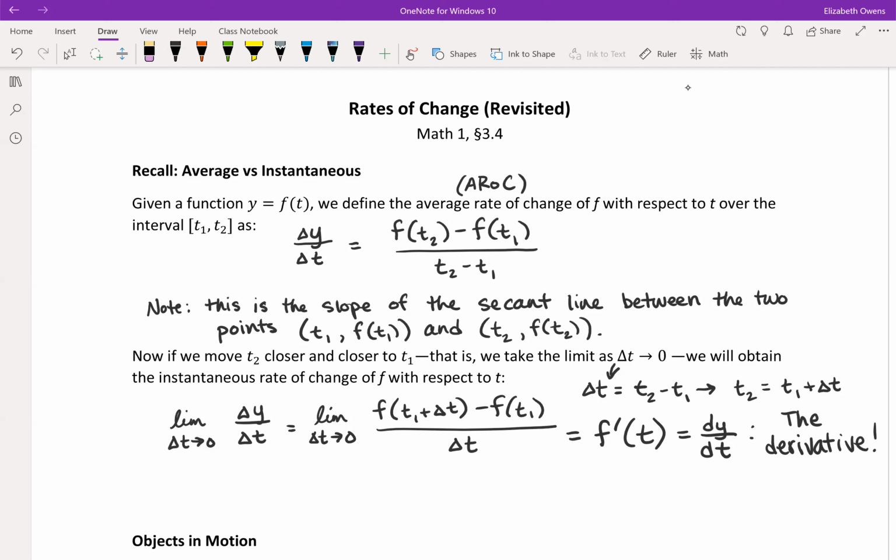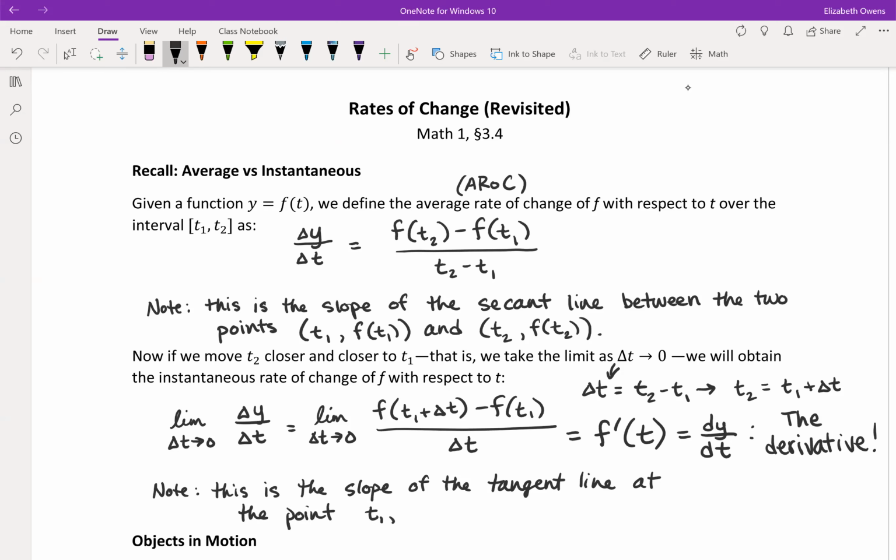Okay, and note that this also would provide the slope of a different type of line. So this is the slope of the tangent line at the point t1 comma f of t1.